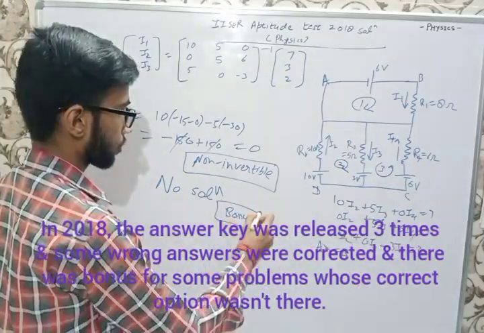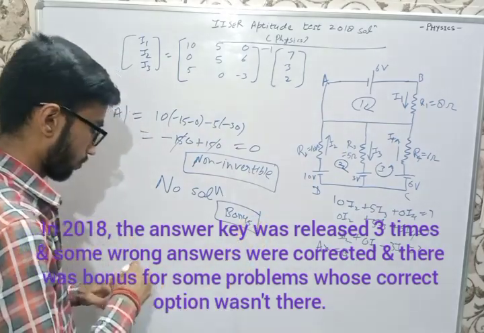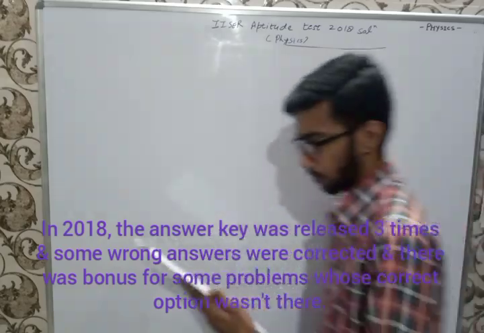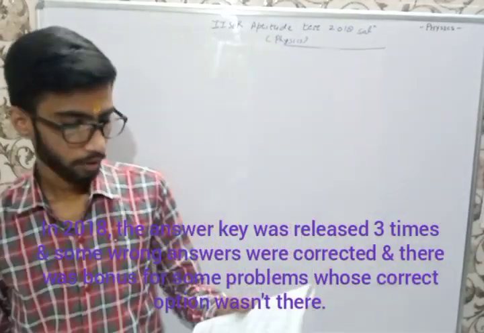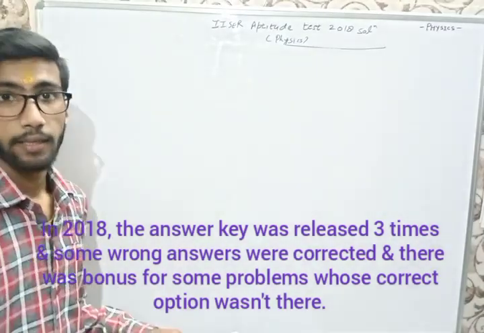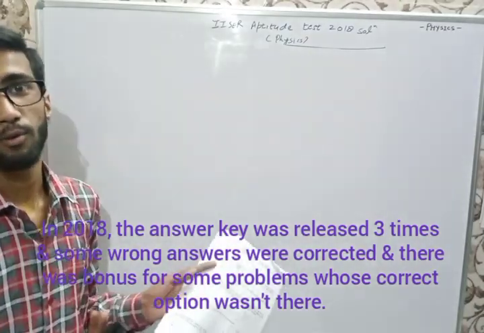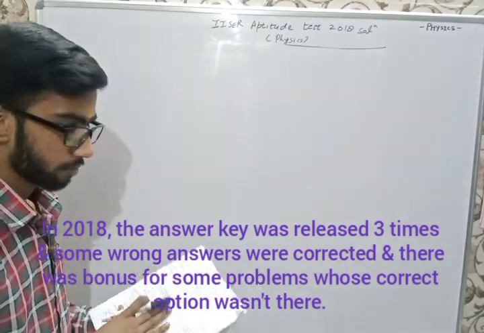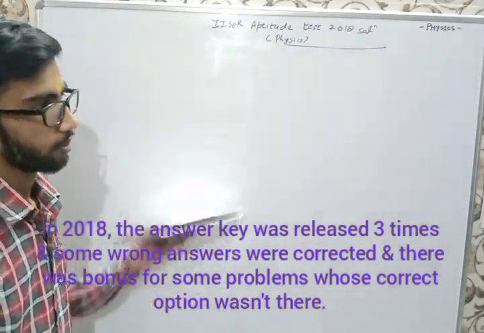For this you will get bonus. Now next problem, you have an electromagnetic wave. I want to mention that it is also a controversial problem. There was a controversy on this problem, and it is also bonus.